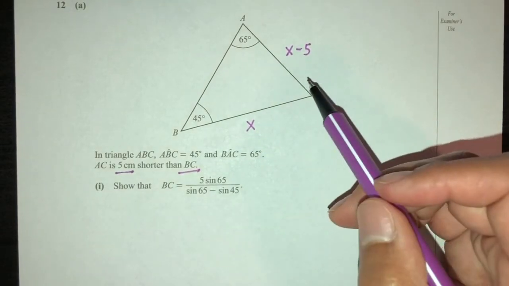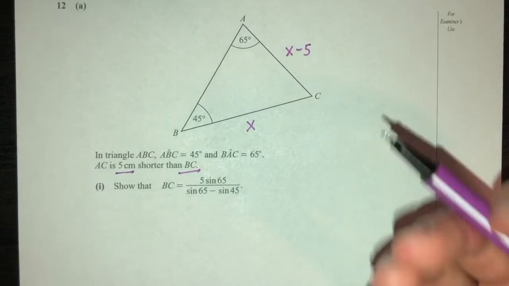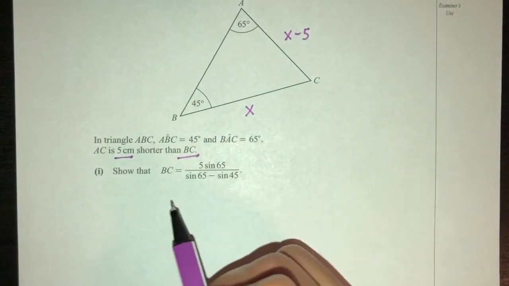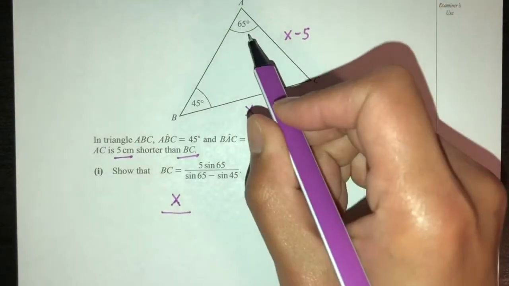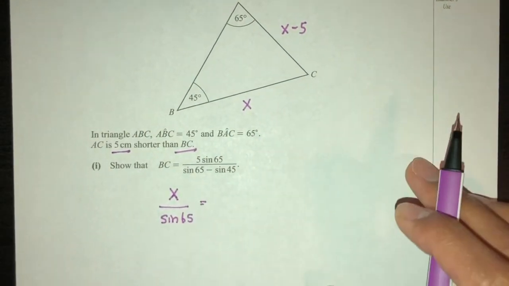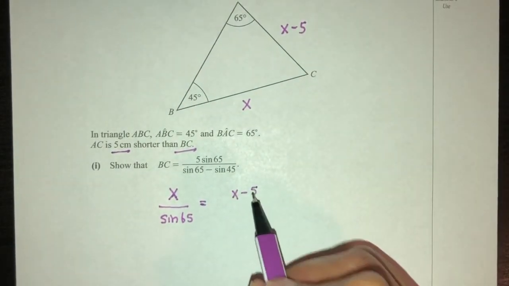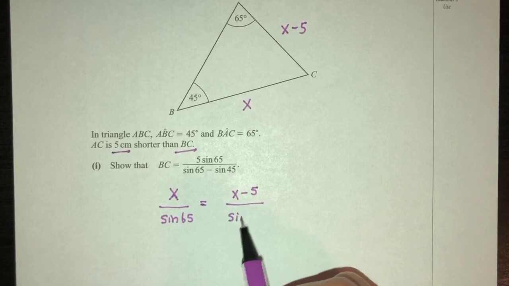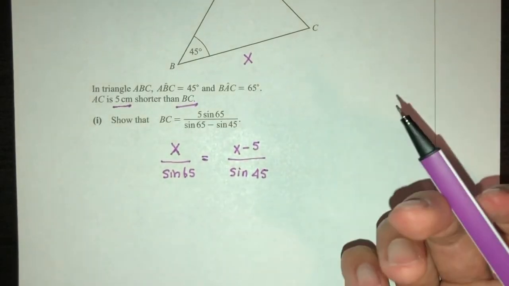So since we know the angles and the angle on the side, we can use your sine rule. So let's say X, which is BC, over sine of 65 is equal to X minus 5 over sine of 45. So first step is we have to cross multiply.